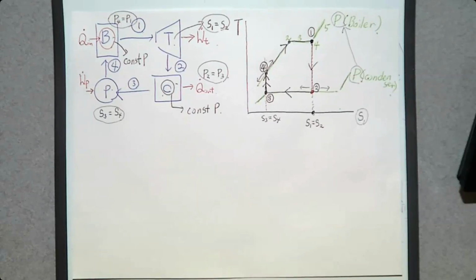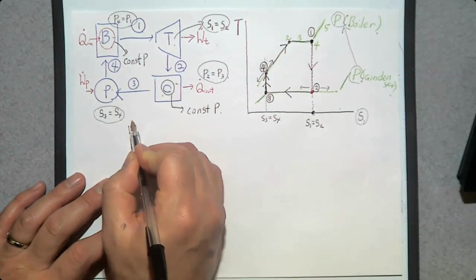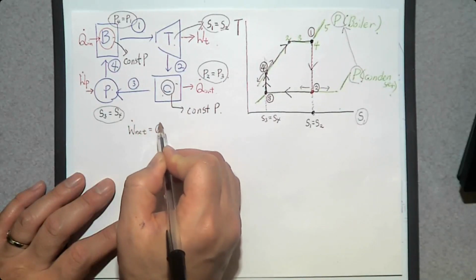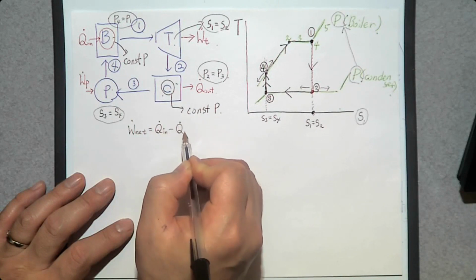Then in this ideal Rankine cycle, how do we determine the net power? The net power, W dot net, is going to be Q dot in minus Q dot out.